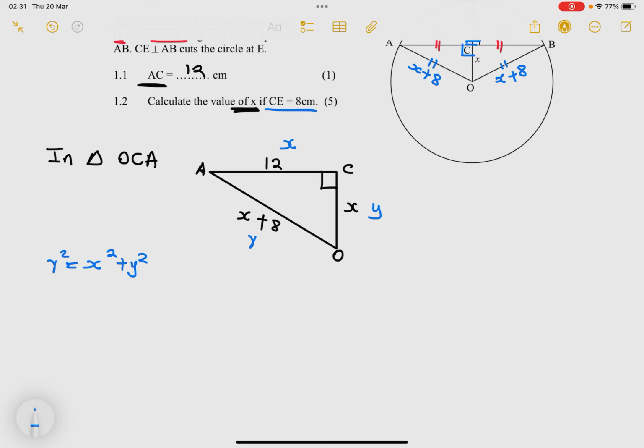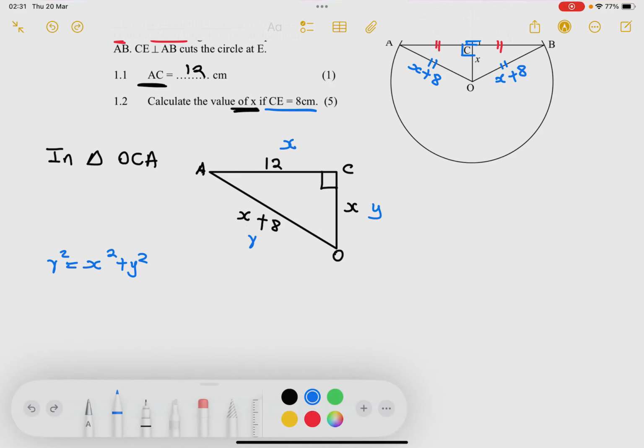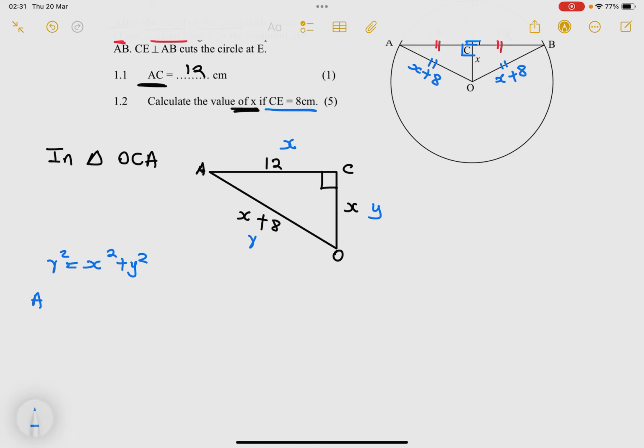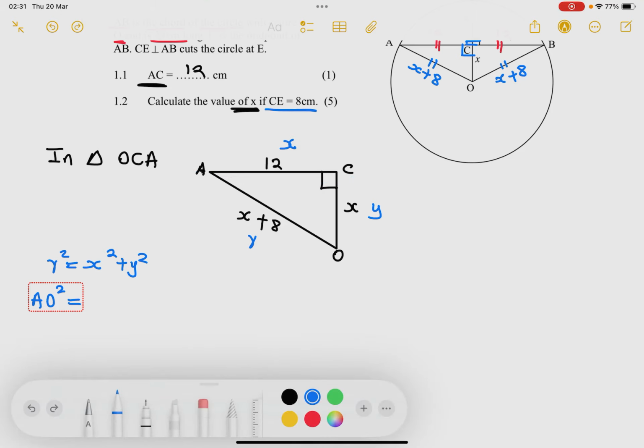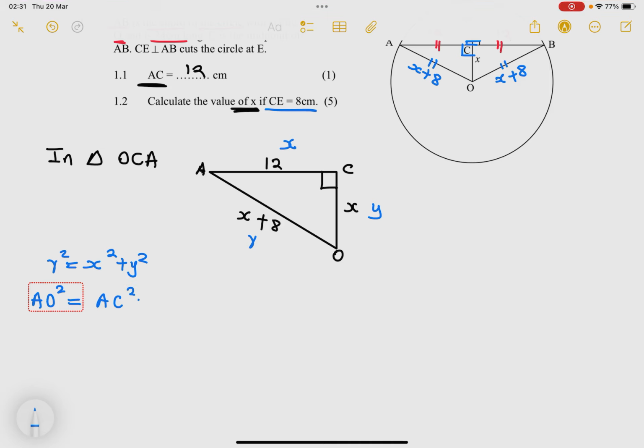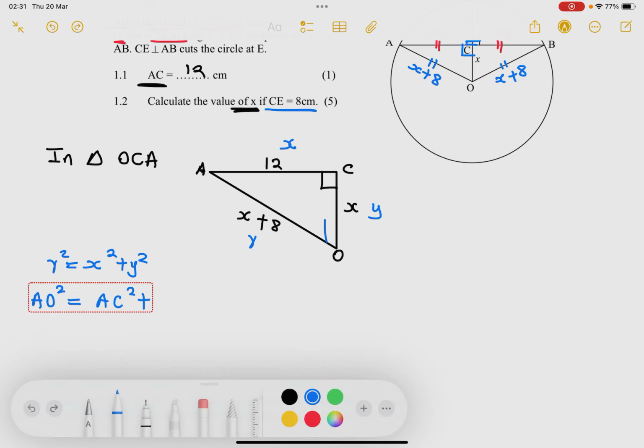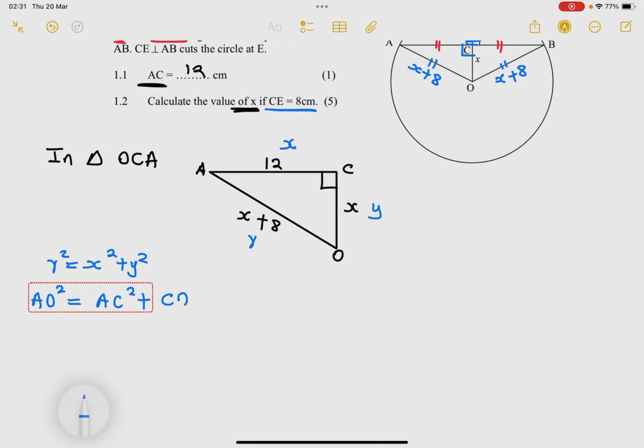So I'm just going to substitute. The side which I say is r is actually AO. So AO squared equals AC squared plus CO squared.